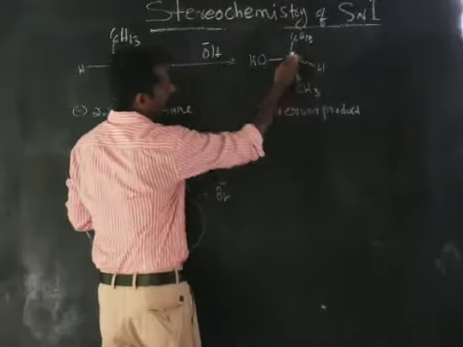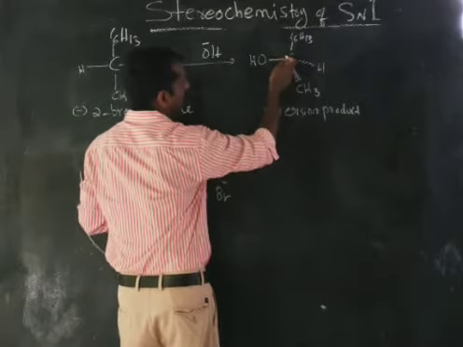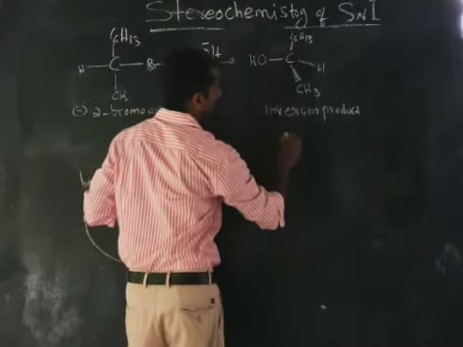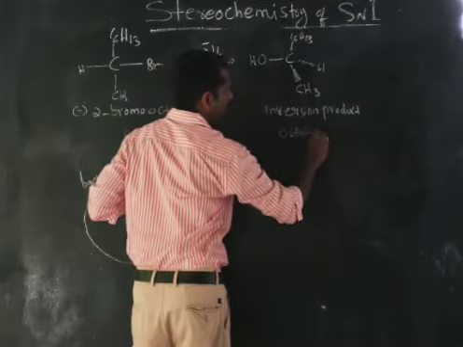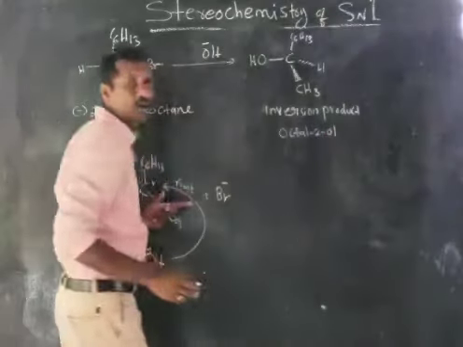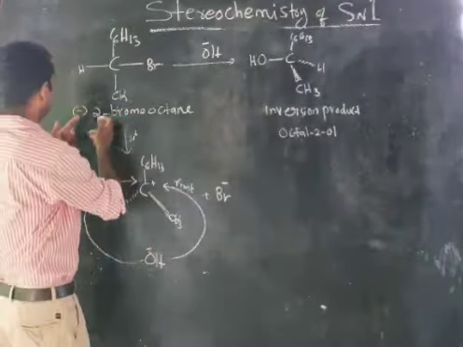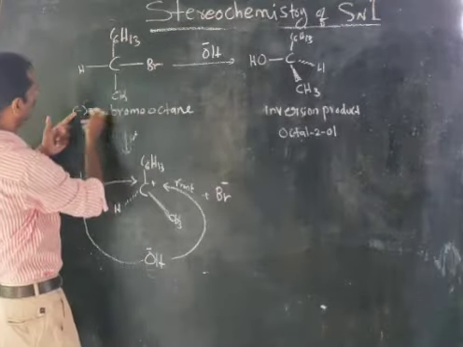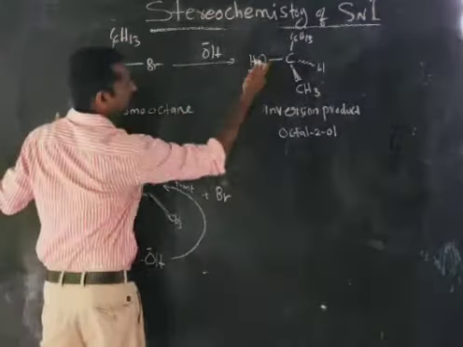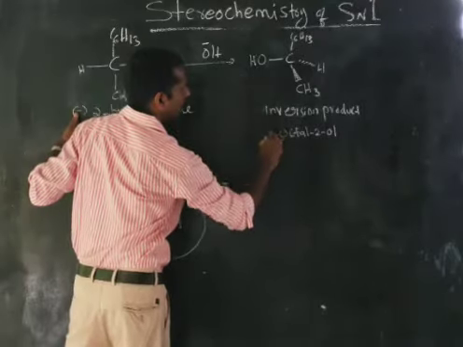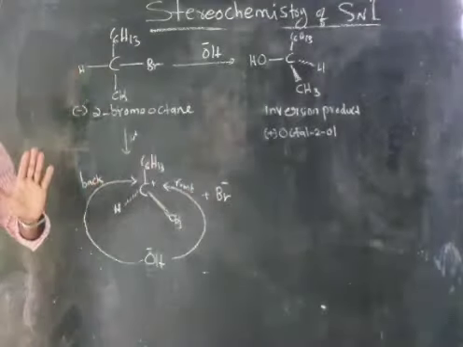In the second carbon there is an OH, so this is octane 2-ol, or 2-octanol. Since the starting material was minus, the inversion product is plus octane 2-ol.